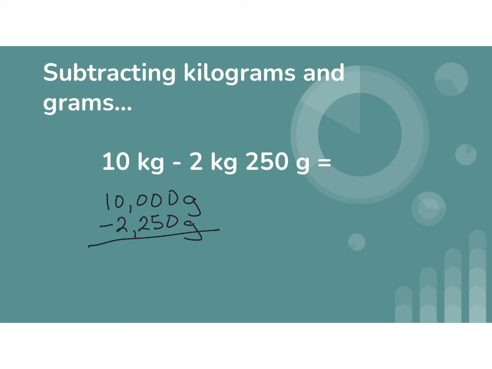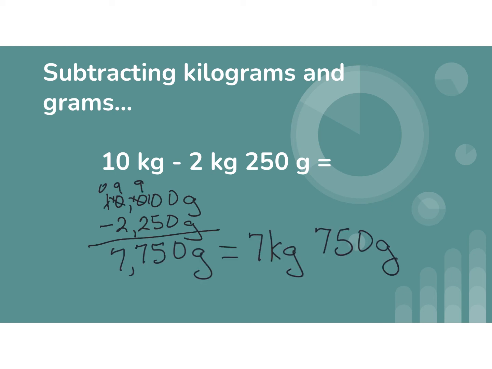Okay, this is what it looks like when I change 10 kilos to grams. It's 10,000 grams, and 2 kilograms would be 2,000, so to subtract 2,250 grams. Okay, and I get 7,750 grams. I'm going to put that into kilograms and grams. I have 7 kilograms, 750 grams.